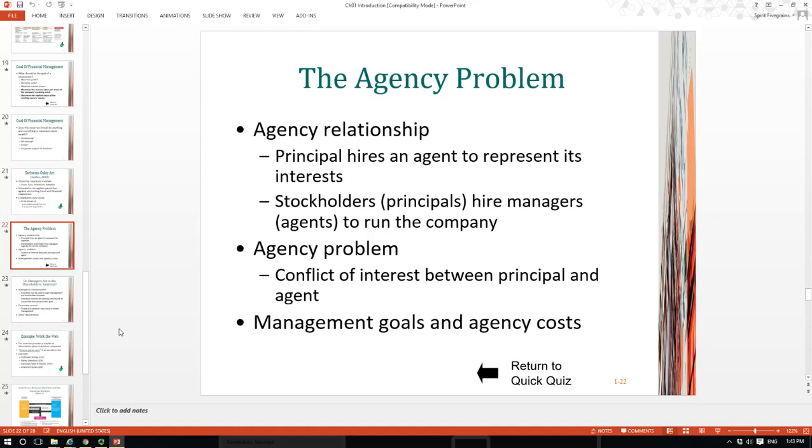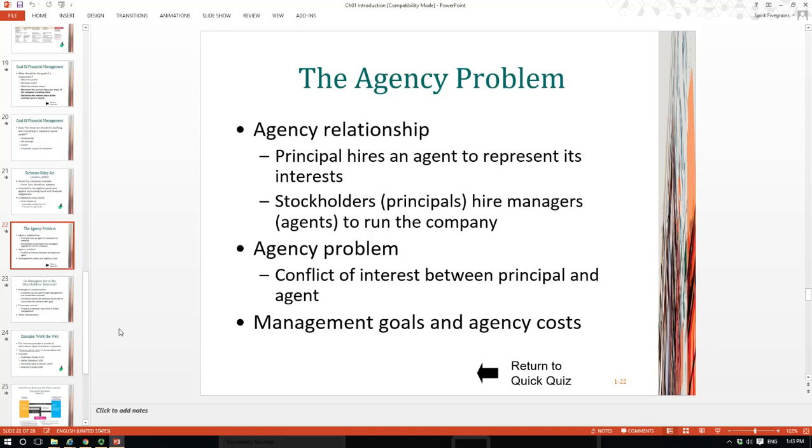An agency problem means that corporation managers or corporation executives are not doing their best to serve their bosses or shareholders. Right? And essentially speaking, agency problem is the conflict of interest between principal and agent. And the principal here is shareholders, and the agent here is corporation executives.